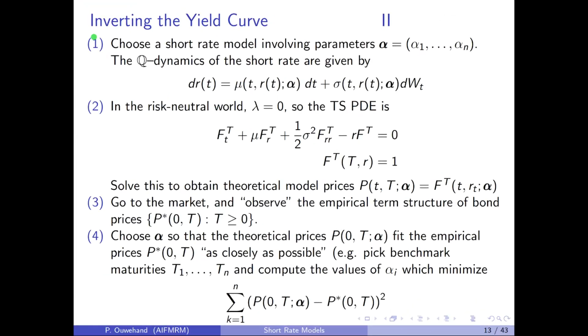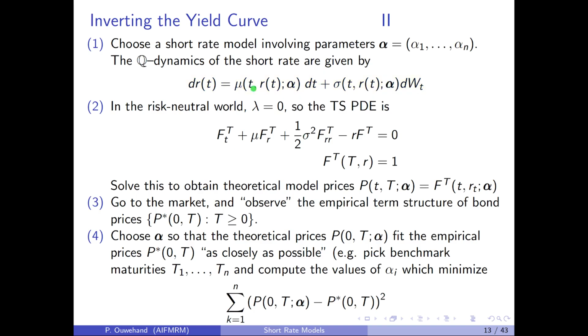So here follows a recipe for inverting the yield curve. Firstly, choose some short rate model involving a set of parameters alpha 1 up to alpha n. For example, the Vasicek model has 3 parameters, namely kappa, mu and sigma. The Q dynamics of the short rate are then given in the following form, depending on the parameters alpha.